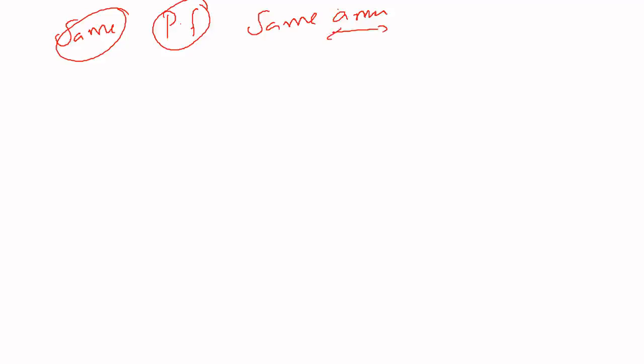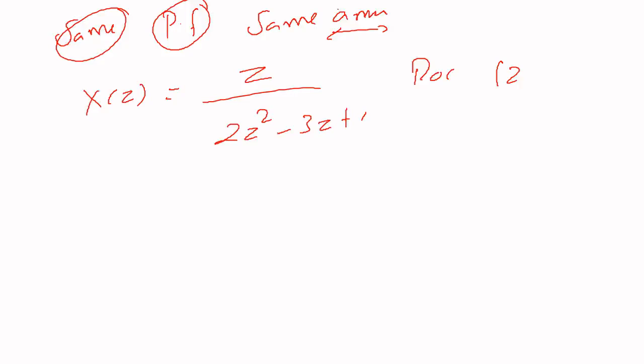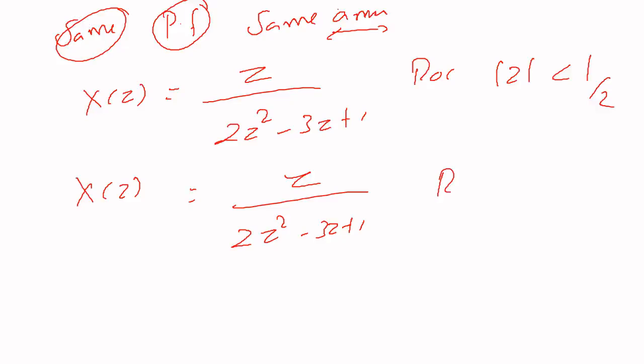Very obviously you will have a doubt now whether, if I solve the same problem using partial fraction expansion, will I get the same answer? Am I right? So that is your homework today. Use the same problem: x of z is equal to z by 2z square minus 3z plus 1, with ROC less than 1 by 2, and ROC greater than 1.